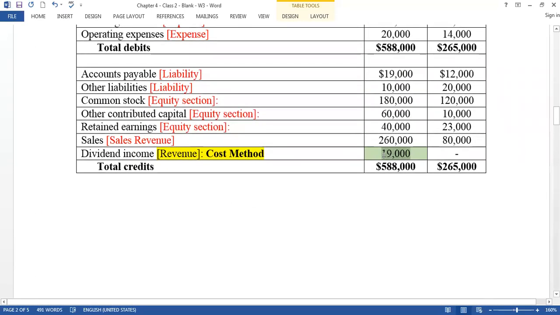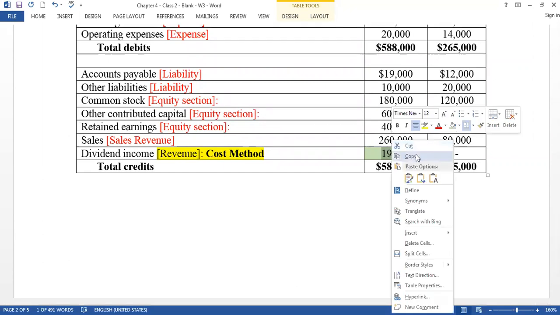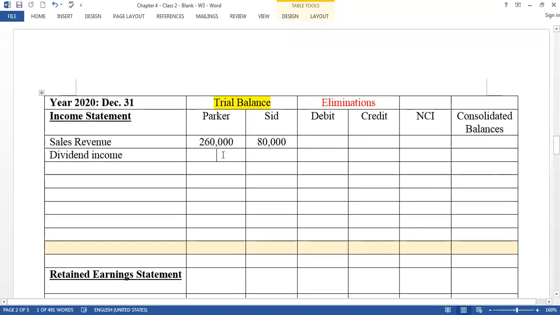Dividend income, and how much? $19,000. Only for which company? Only for the parent company. The subsidiary doesn't have this information, because the parent company received this revenue from the subsidiary. So these two columns are the revenue.